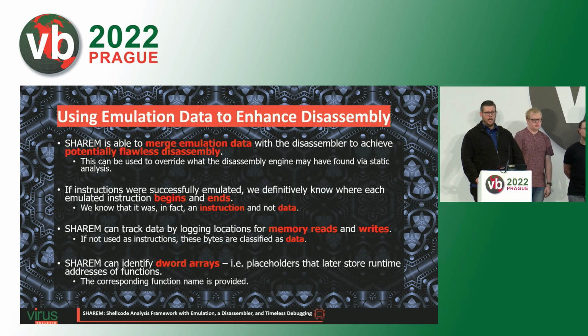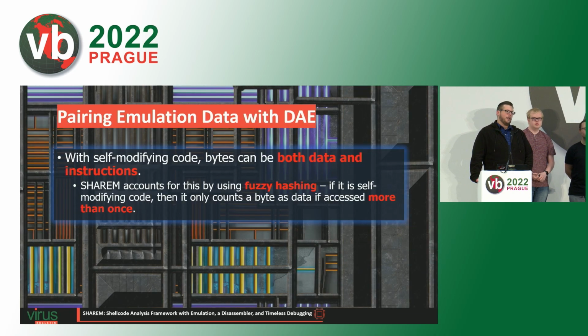As far as data, we can analyze our memory reads and writes and then conclusively determine, hey, this is data. Other things like strings or DWORD arrays for our API tables are pretty simple to identify. You might also ask, well, what about self-modifying code? Because every single byte of that is going to be read and modified. Well, we take that into consideration.